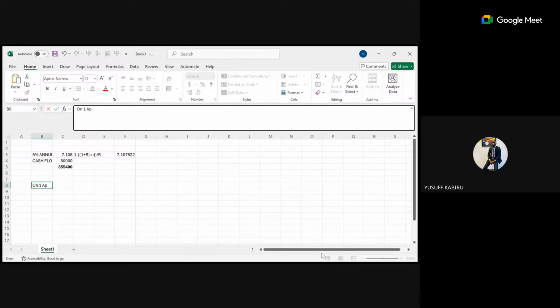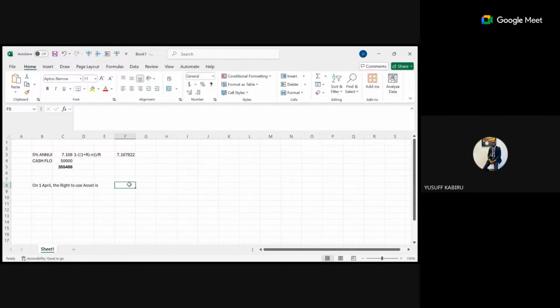So on 1 April, the right to use assets is what we just calculated now. Do you all agree to this? Yes, sir.